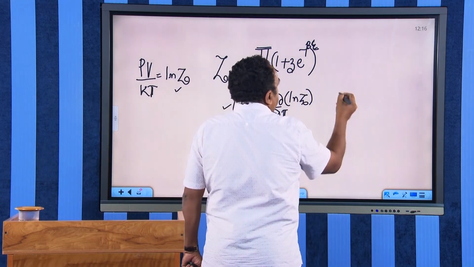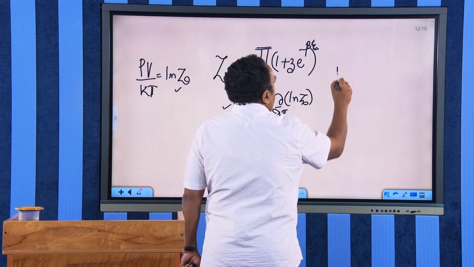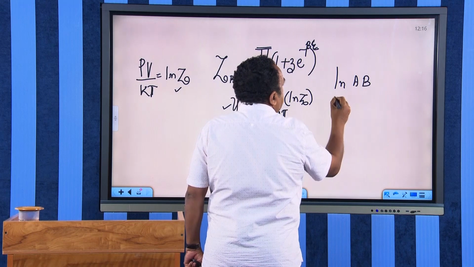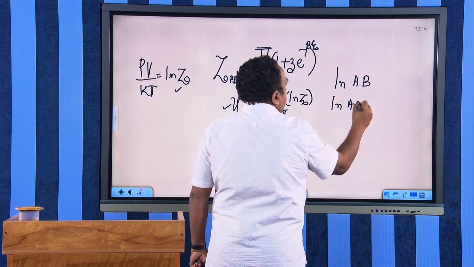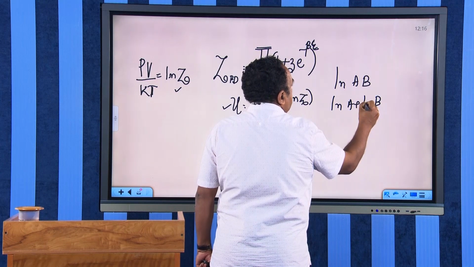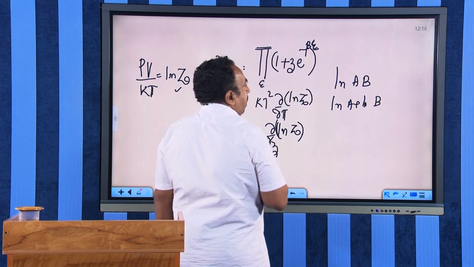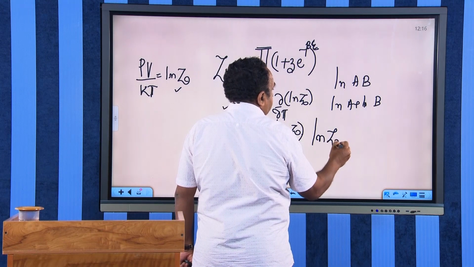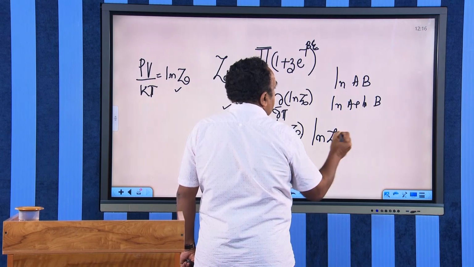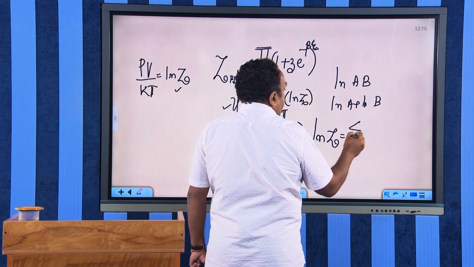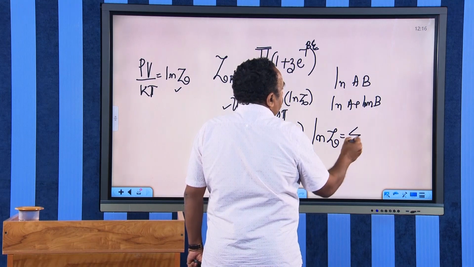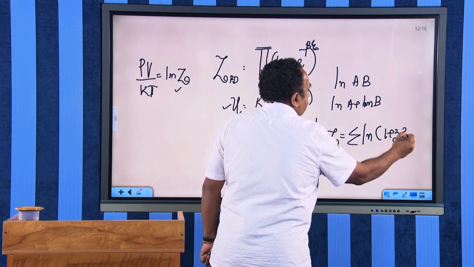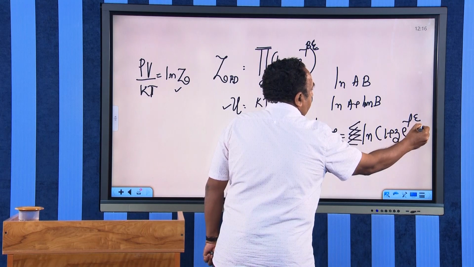If I take a logarithm, this product is converted, since the logarithm of a times b is log a plus log b. Therefore, log Z for Fermi-Dirac statistics will be the sum over states of log of 1 plus z e raised to minus beta epsilon.